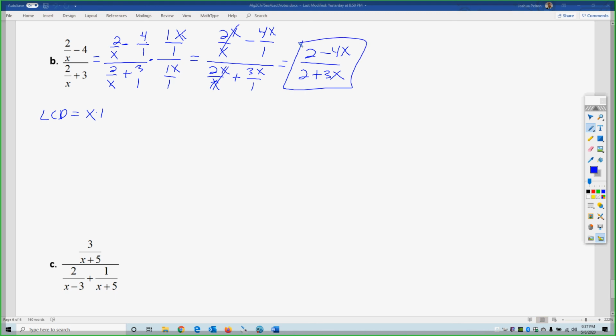So that is our simplified term because I can't factor anymore, where x cannot be 0 because of the original problem, and 2 plus 3x can't be 0, 3x cannot be negative 2, or x cannot be negative 2/3. Okay. All right, let's go on to student problem C.